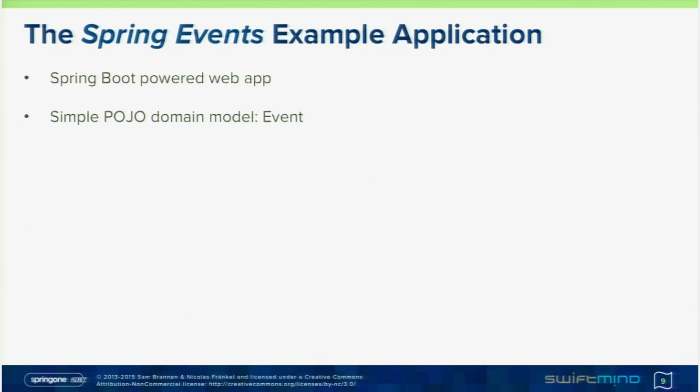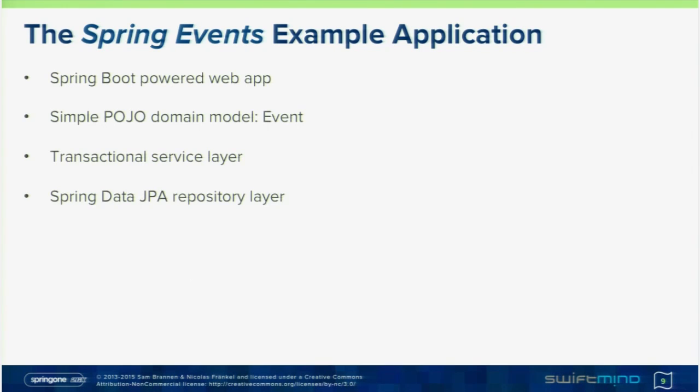So the Spring Events app, basically, it's just a simple Spring Boot powered application created with the starter page. Basic POJO domain model just with an event. So a Spring event is basically a conference event, so it just has like a name, location, stuff like that. Transactional service layer. There's also security applied to it for method layer security.